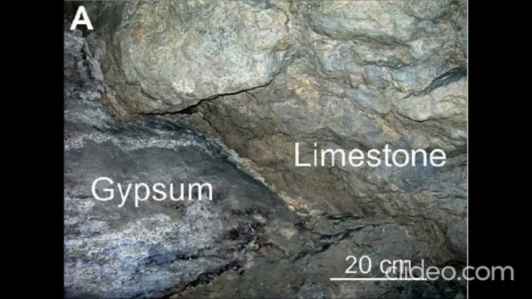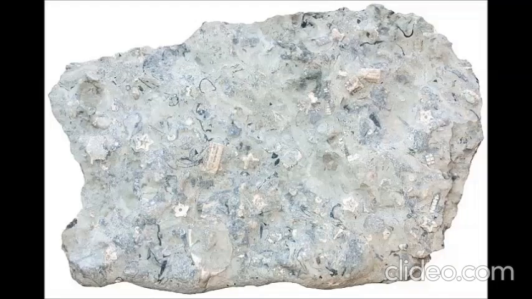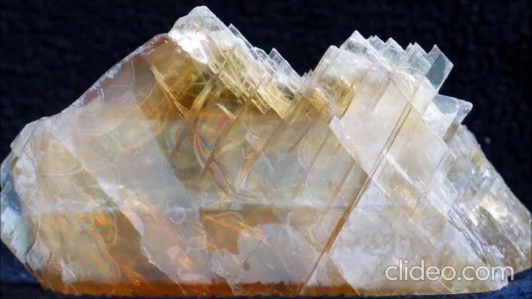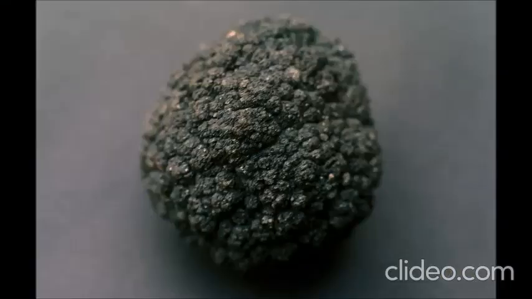Limestone is a rock composed of calcium carbonate. It is also used in industries such as construction. Gypsum or calcium sulfate hydrate is also used in construction activities and is turned into the commonly known plaster of Paris. Manganese nodules. These nodules contain enormous amount of metal wealth.